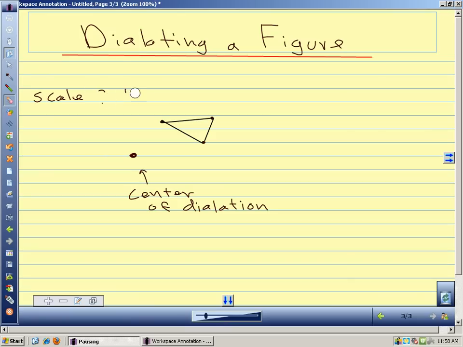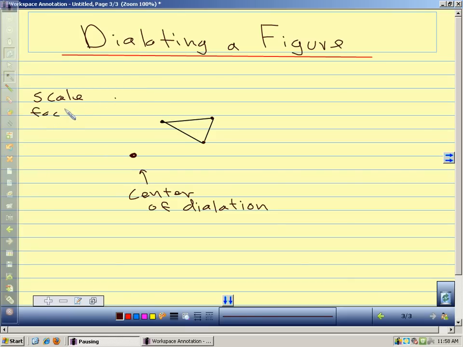Scale factor equals 2. So we start with a point called our center of dilation. The figure that we start with, we call the pre-image. Pre just means before. That's what we have before we do the dilation.